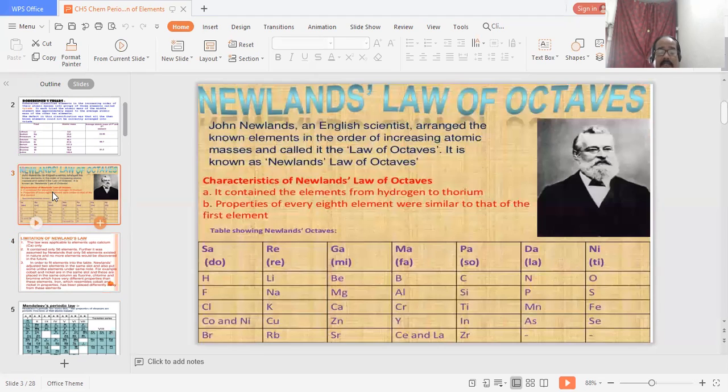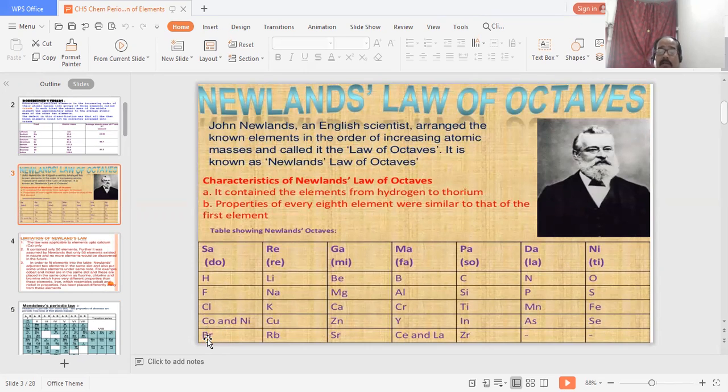Just see again here: fluorine and chlorine in the first row. Hydrogen, fluorine and chlorine are highly reactive nonmetals, but cobalt and nickel are not, because in the present time both are transitional elements. Hydrogen, fluorine, chlorine and bromine have similar properties; they are the most reactive nonmetals, and fluorine, chlorine and bromine are also in the halogen family, but cobalt and nickel are not. Yet cobalt and nickel are placed in this row.